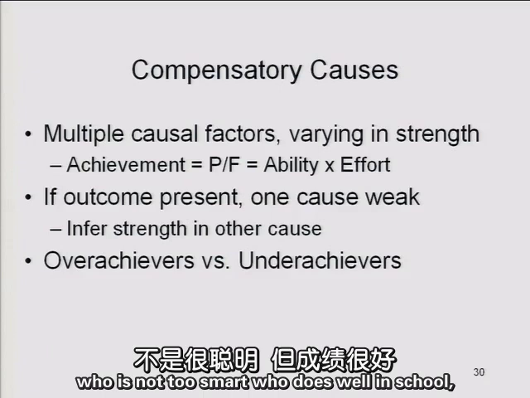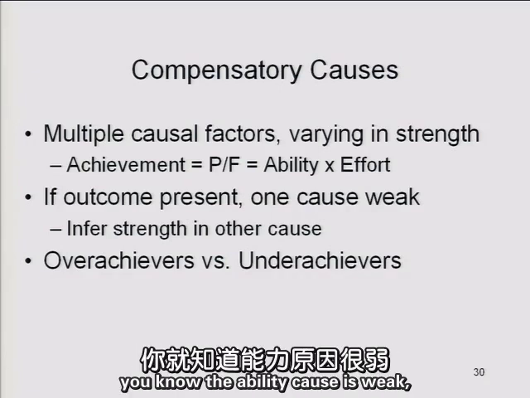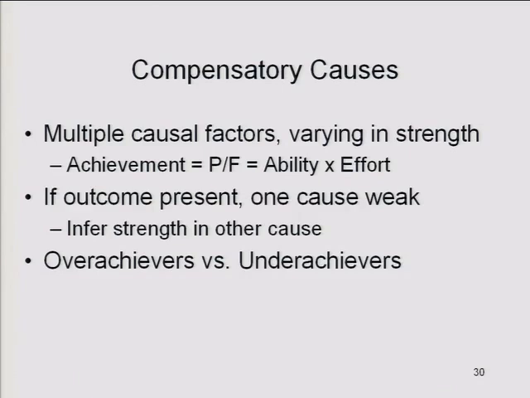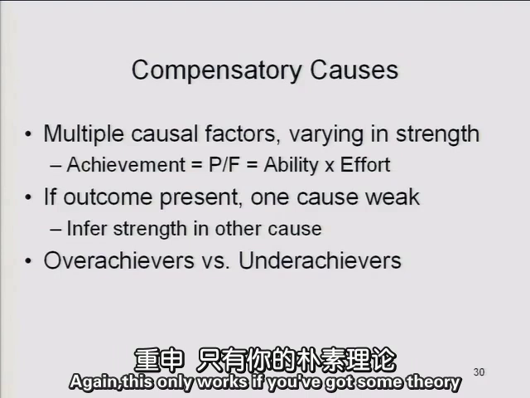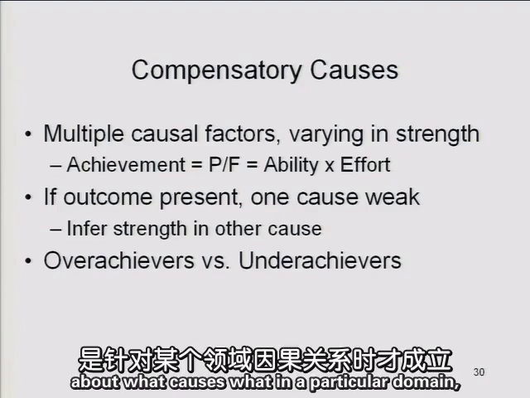So you've got somebody who's not too smart, who does well in school. You know that the ability cause is weak, so you infer that the effort cause is strong. Again, this only works if you've got some theory about what causes what in a particular domain.